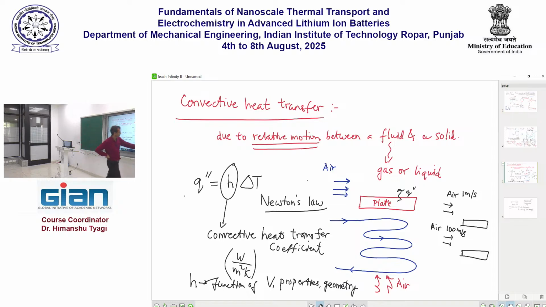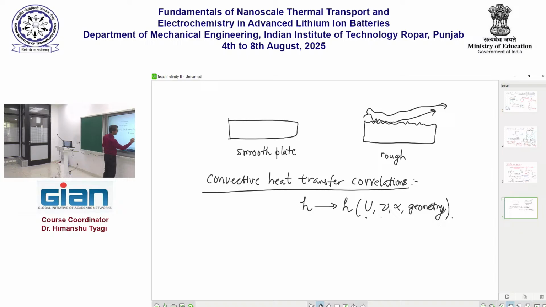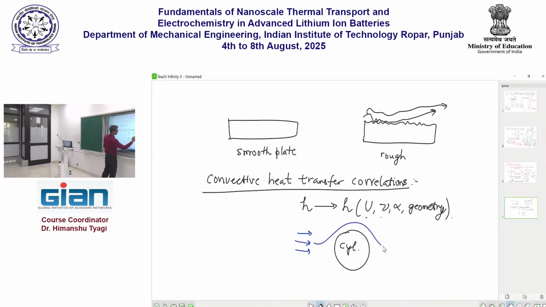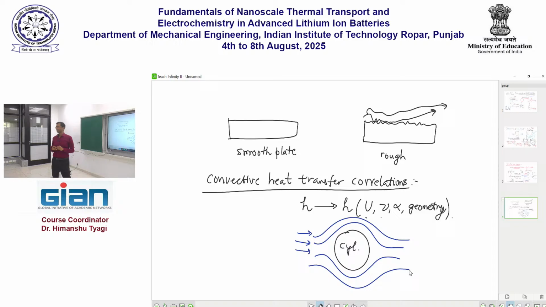So for example, if your solid body is a cylinder and if you have air blowing over it, so that the air will blow over the cylinder in a manner like this, then there are very well known equations that tell you the value of the convective heat transfer coefficient in terms of the diameter of this cylinder, in terms of the velocity of the air, in terms of the properties of the air, and so on and so forth.